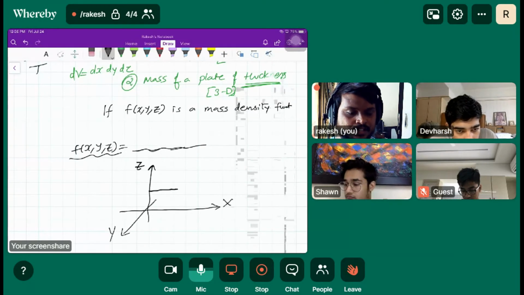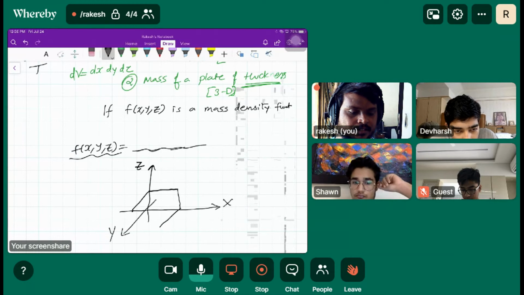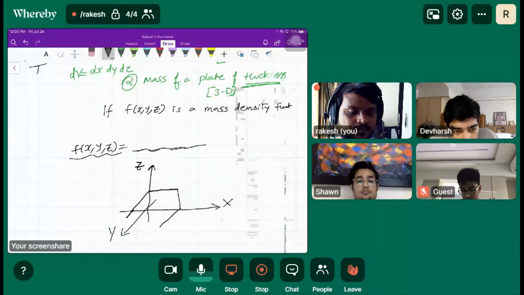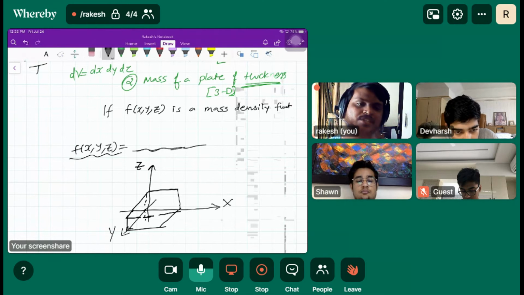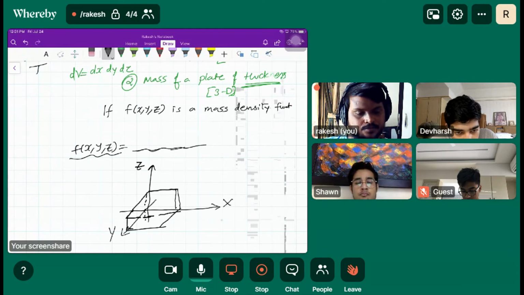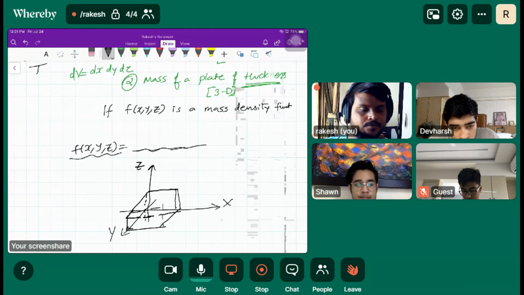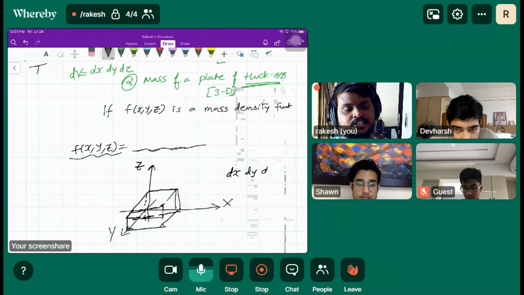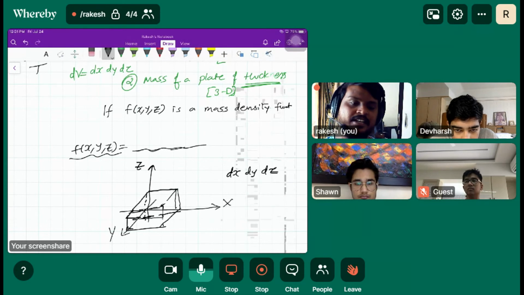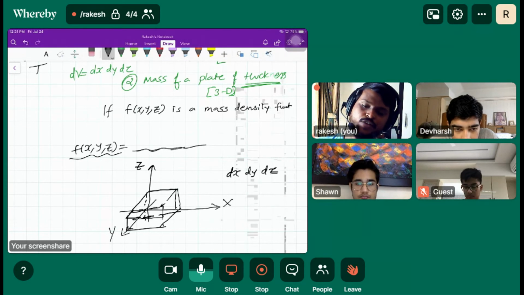So if you draw the cube, okay, how should I draw it? Just imagine that this is a cube. So we have dx, dy, dz, okay, and we know that we can go in any order.